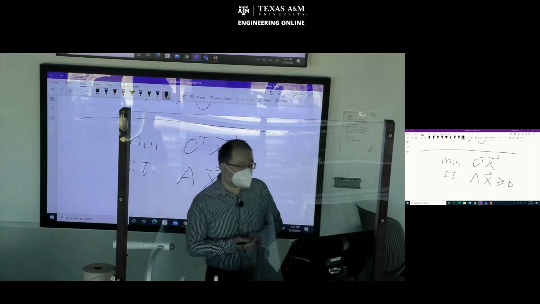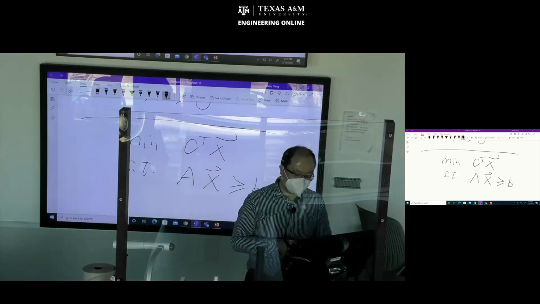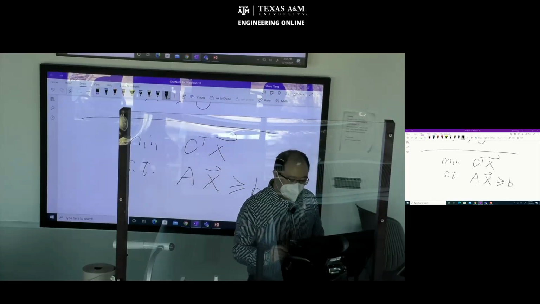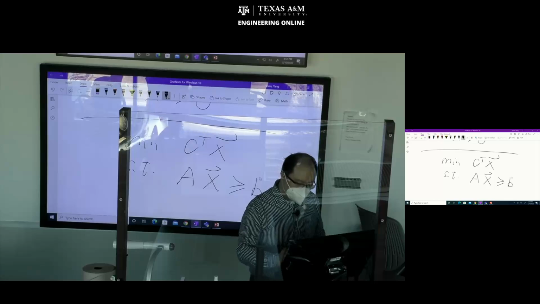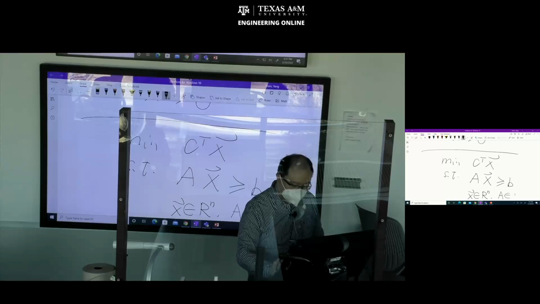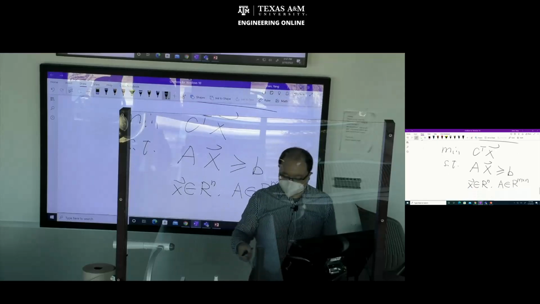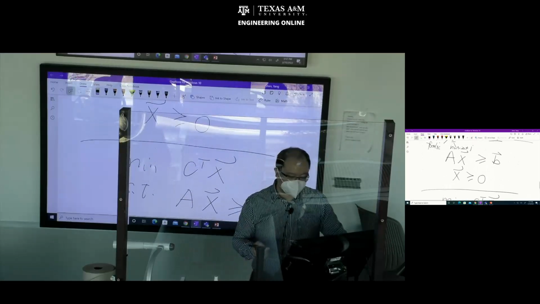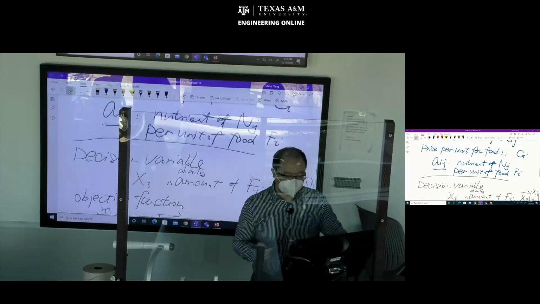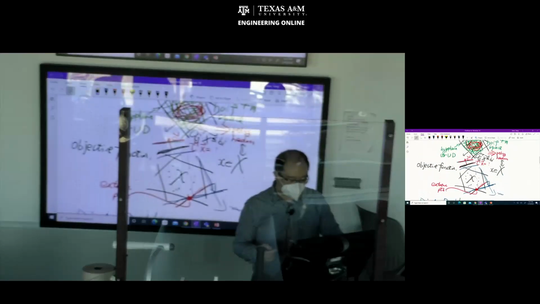I let these sign constraints, the non-negative constraints, be part of A. And let's say x belongs to n dimension and A belongs to m by n dimension. So we were saying that conceptually we could traverse the extreme points, right?